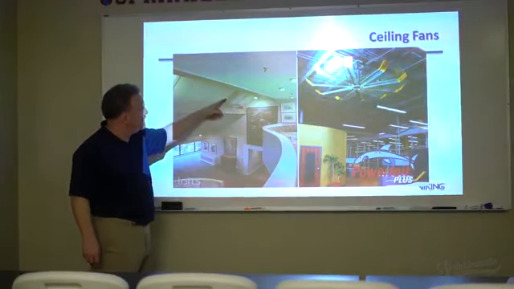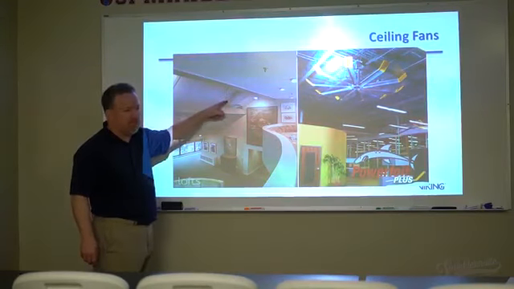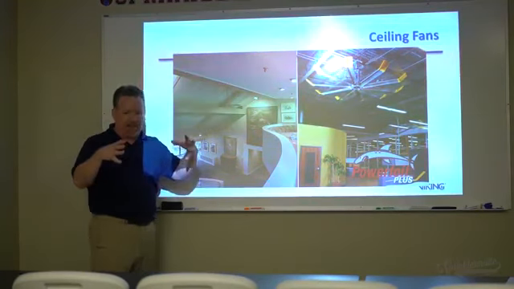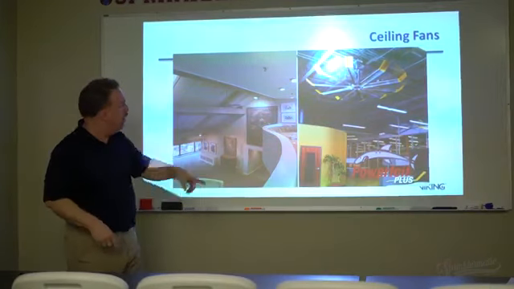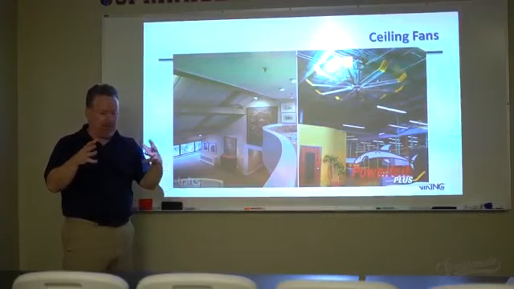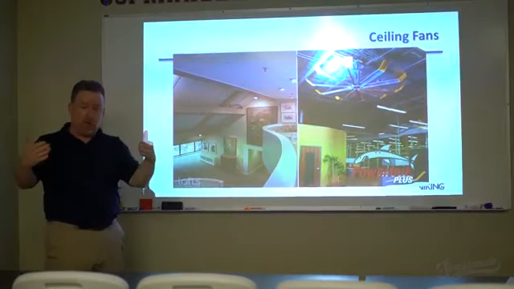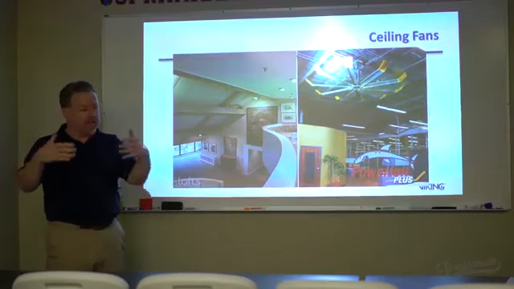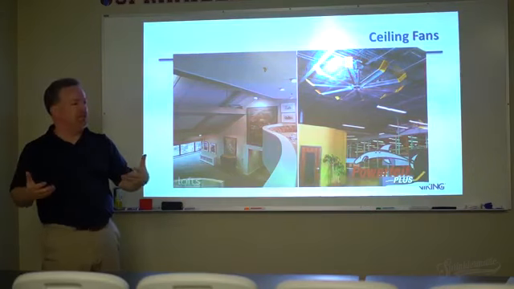Because it's not about this post connection right here. It's the fan unit. That can be pretty big. Or it can be that the paddles themselves are so wide that they create an obstruction to the spray pattern.